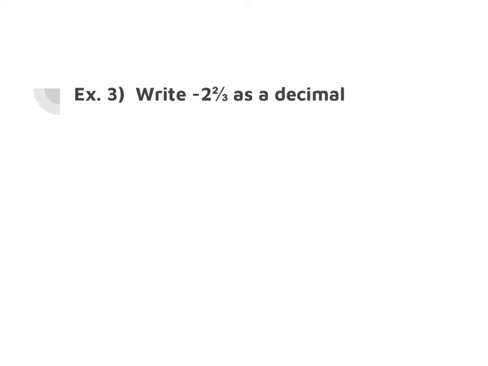All right, this one is a mixed number, so I have -2 and 2/3 as a decimal. What this means is that I have 2 wholes. So I'm going to put my -2 and put my decimal. But all I have to do in my calculator is 2 divided by 3. We just have to do the fraction part because we know the whole numbers will stay as a whole, to the left of the decimal.